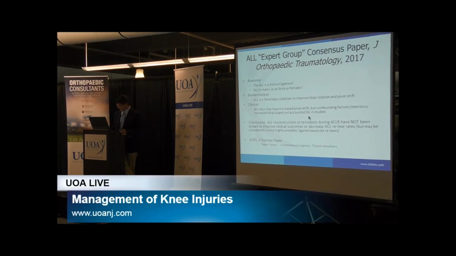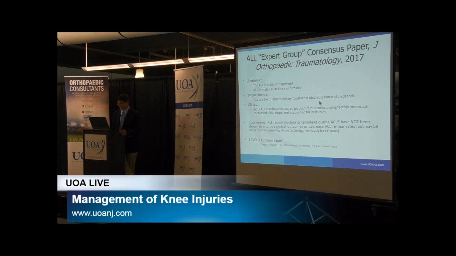However, it's worth reading because they do go over all the literature, and you can learn a bit about the anatomy. The ALL actually does appear to be a distinct ligament. Interestingly, it's 2 times as thick in males than females. So perhaps that's part of the reason why females tear their knee more often.